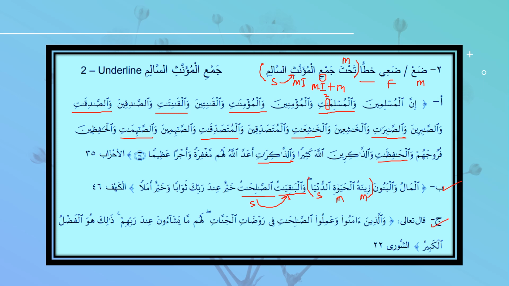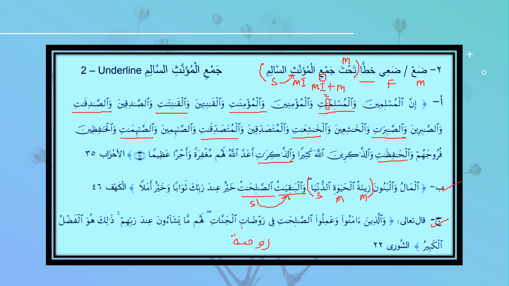Qala ta'ala: والذين آمنوا وعملوا الصالحات في روضات الجنات. Those, الذين, since this is not a Jama Muannas, but والذين آمنوا, those who believe, and عملوا, does الصالحات means the good things. في روضات, the singular is Rauda.